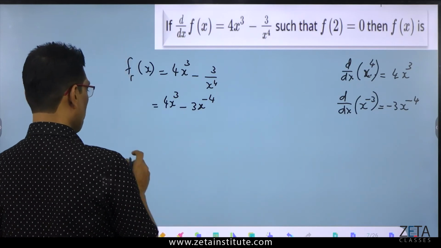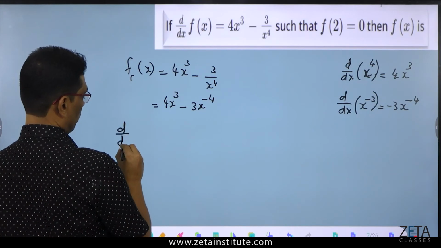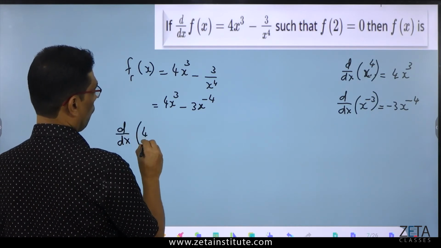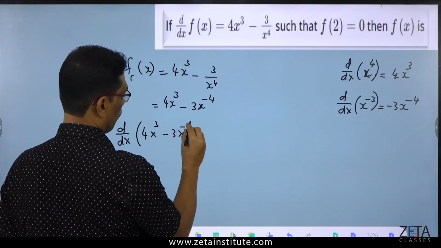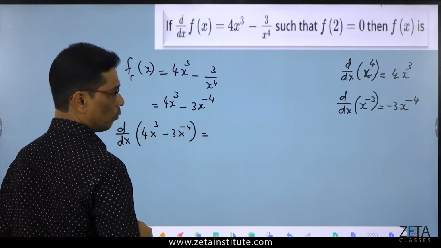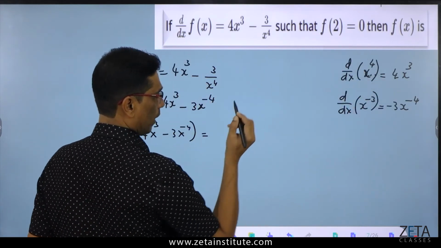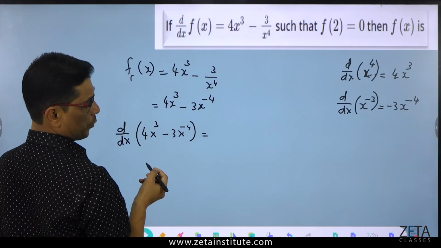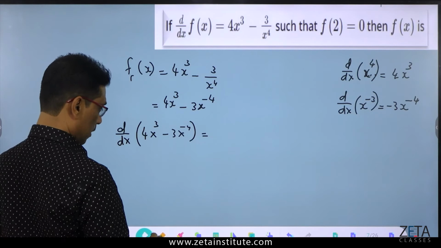So dy by dx of x raised to 4 plus x raised to minus 3 is 4x cube minus 3x raised to minus 4. We have to integrate the other one.